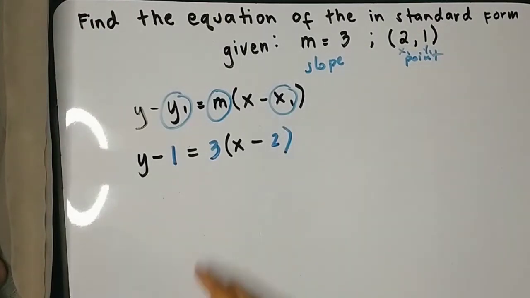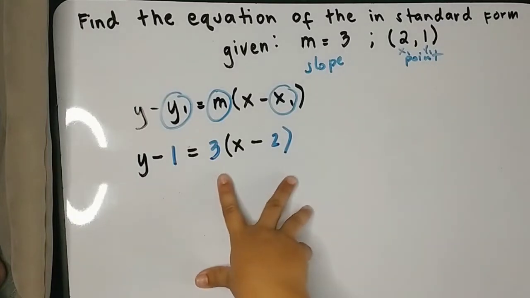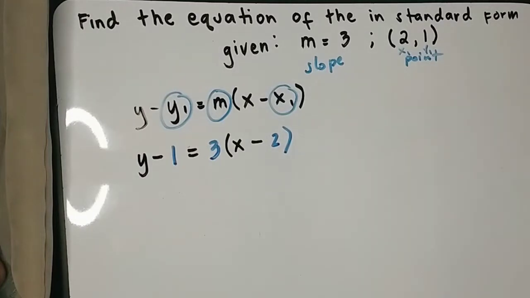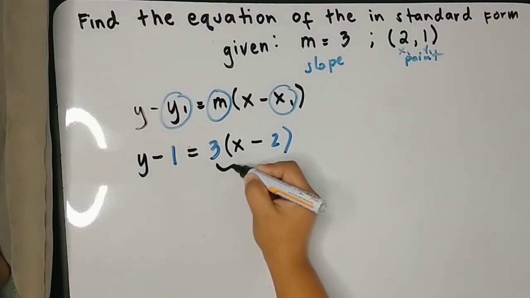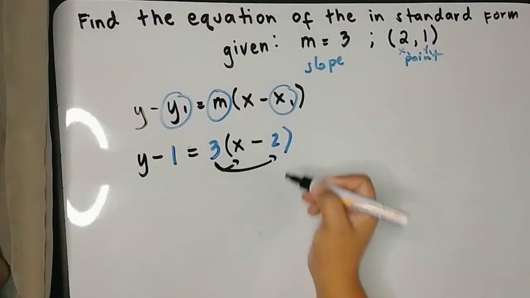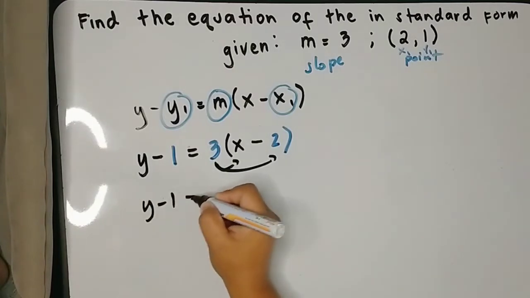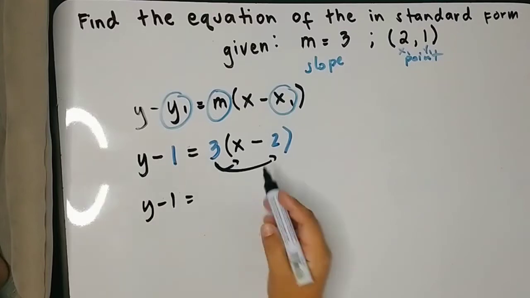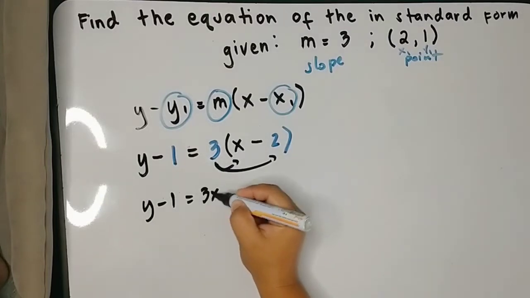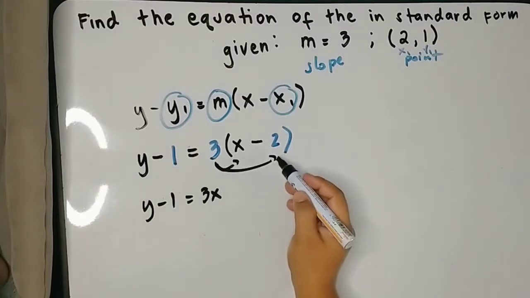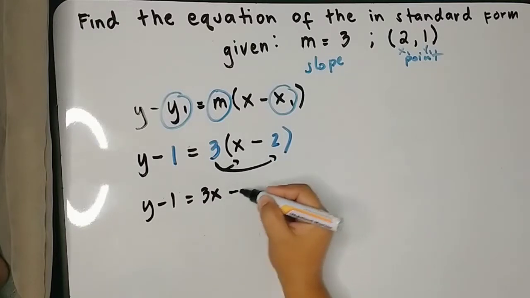Again, sinubstitute natin yung mga values nila. Okay, then after that, of course, PEMDAS, dito muna tayo sa parenthesis. So, distributive property muna tayo. We're going to multiply 3 to x and to negative 2. So, simply copy y minus 1 equals 3 times x, that is 3x, 3 times negative 2, that is negative 6.